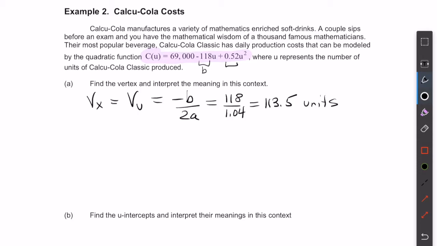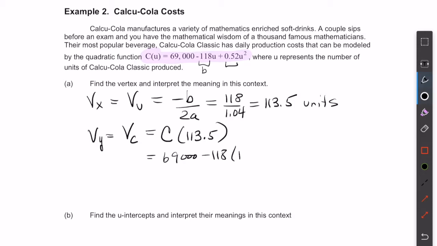And these are the units, however many units they sell. And always to find the output for the vertex, the y in general, or in this case, it's going to be the cost, c, we're just going to take this input of 113.5 and plug it into your cost function. So 69,000 minus 118 times 113.5, and then plus 0.52 times the 113.5 squared, and pop that into your calculator and get a value.